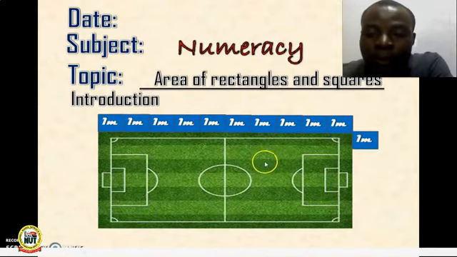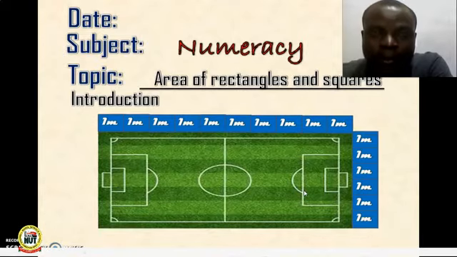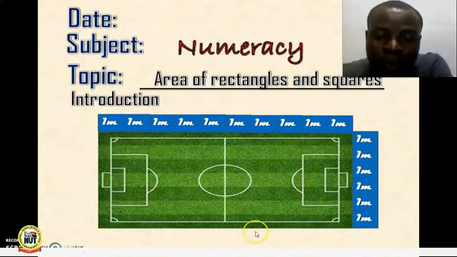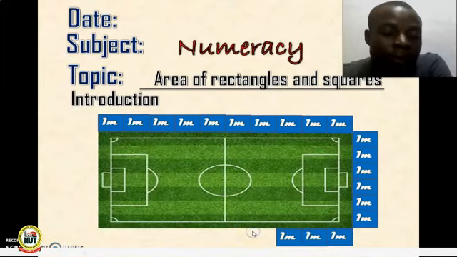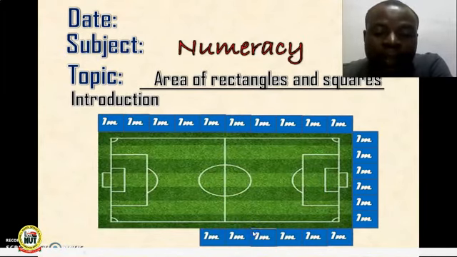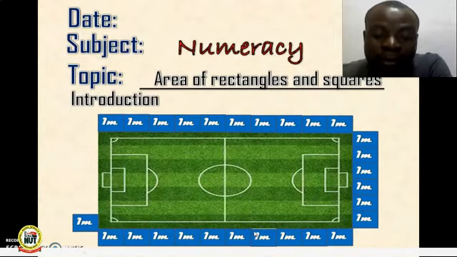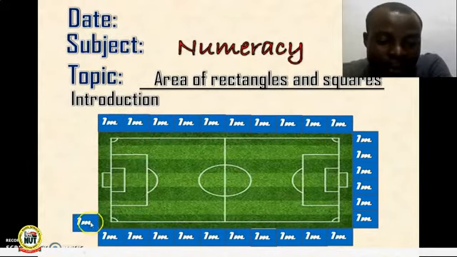And the breadth or the width is 1, 2, 3, 4, 5, 6. So we have 6 as its breadth. Since this side is 10 meters, the opposite side will also be 10 meters.